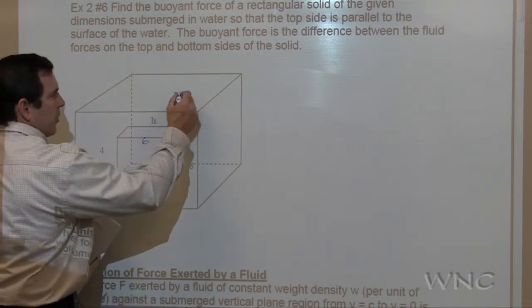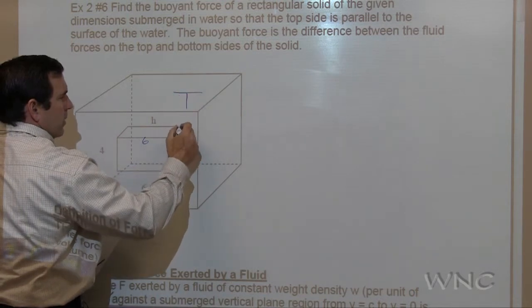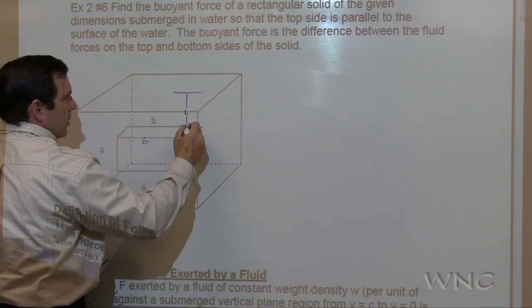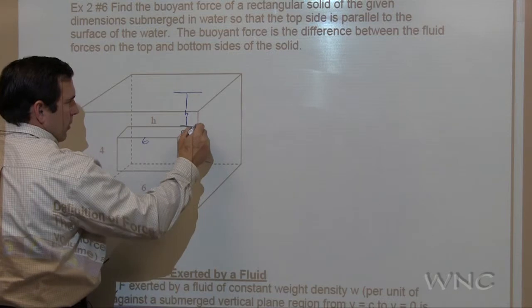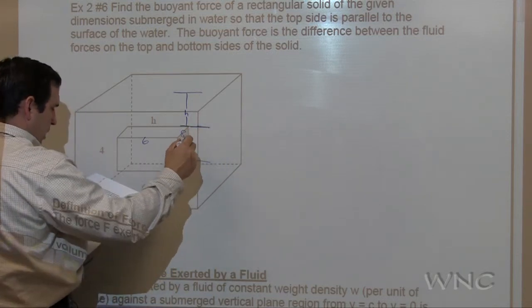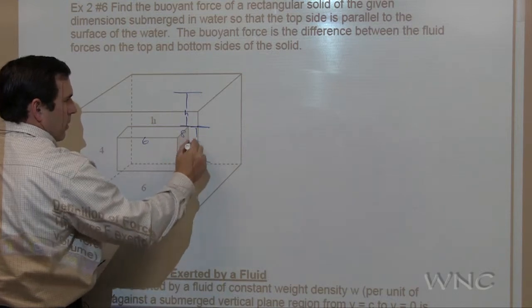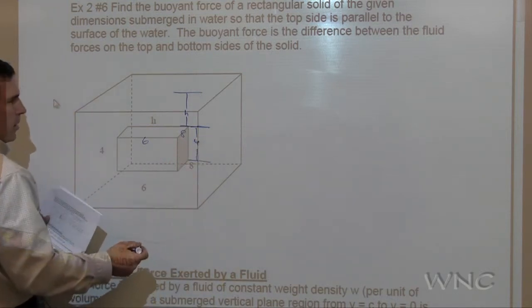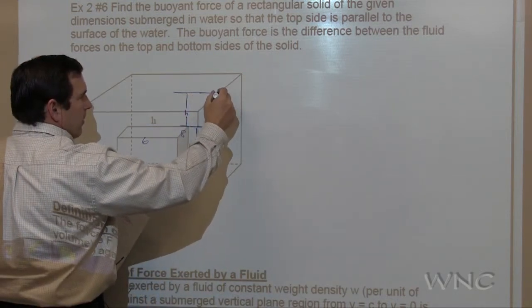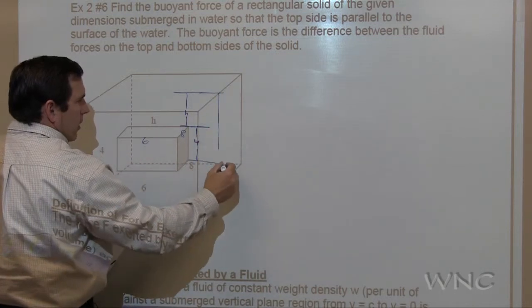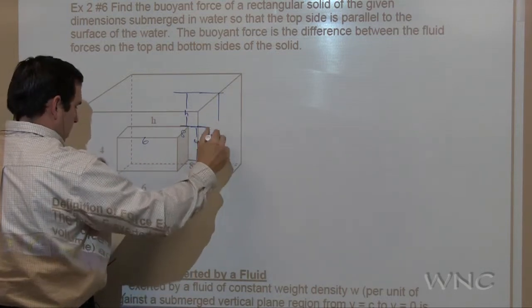So the depth from the surface down to the top of this object is h, and from the top down to the bottom of the object is 4. So the overall depth from the surface all the way down is h plus 4.